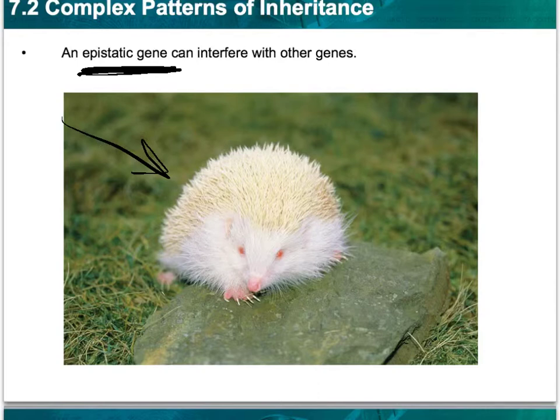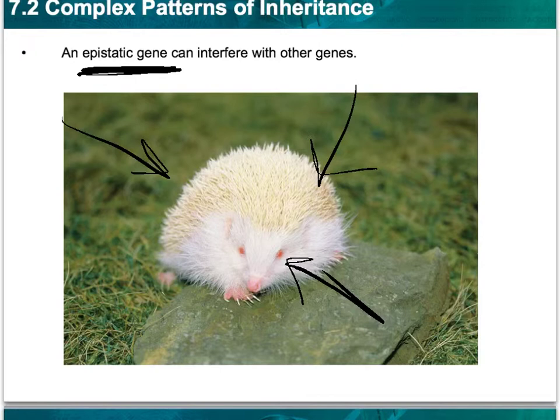So as you can see in the picture, albinism is characterized by a lack of pigment in the skin and the eyes. This mouse is homozygous for the alleles that prevent the coloration of fur, which is white, regardless of the phenotype that would normally come from other genes.